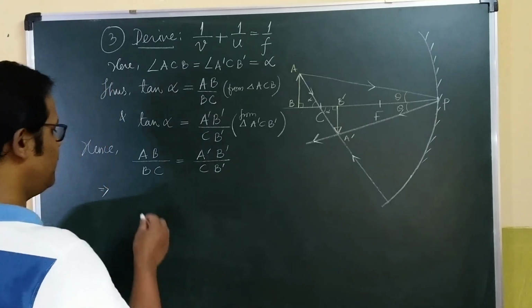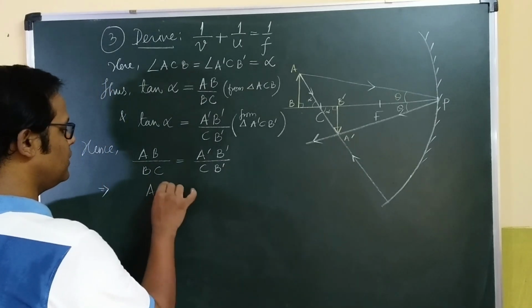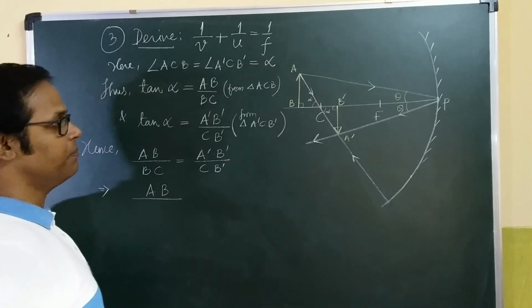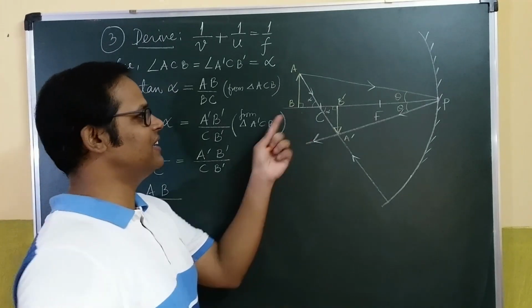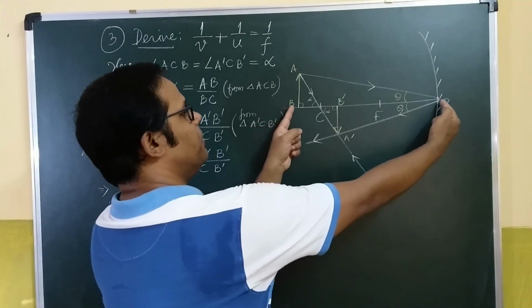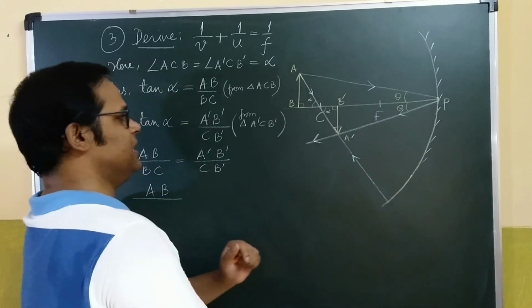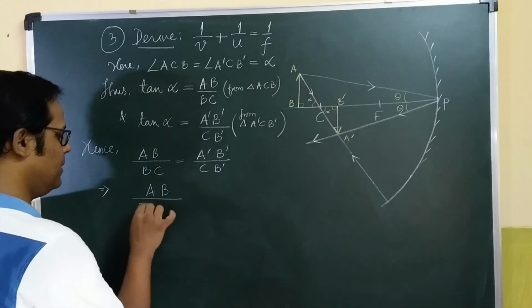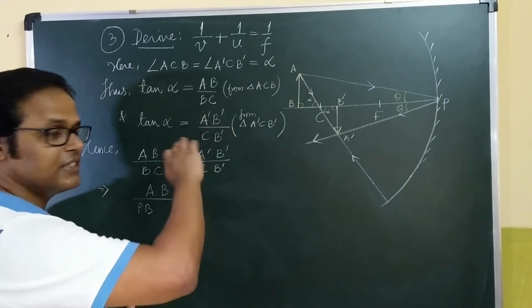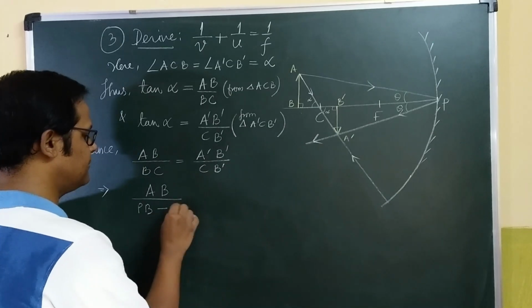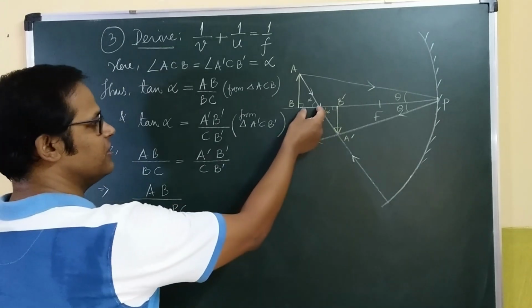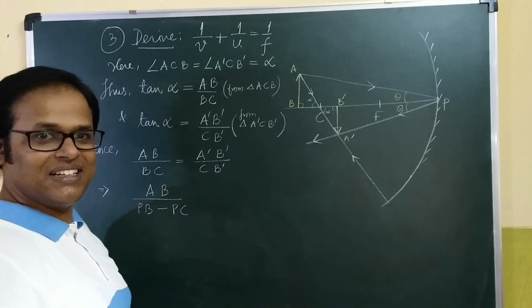In that case, we will use some more beautiful equations. BC, how to write BC? Definitely we can write PB minus PC. From PB subtract the PC part. Then you are left with BC. Am I clear? Good.